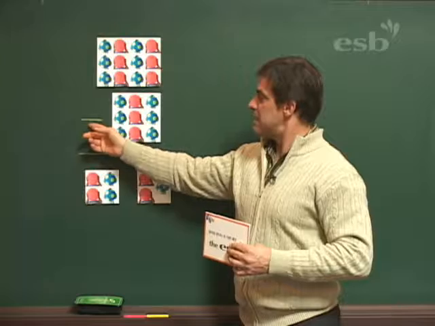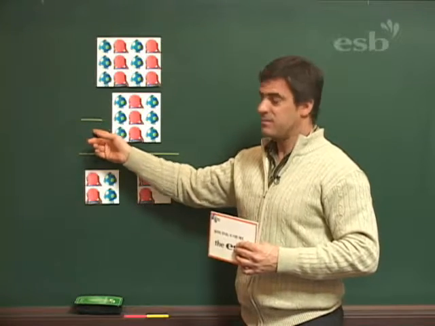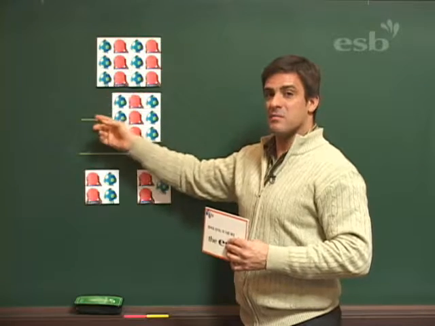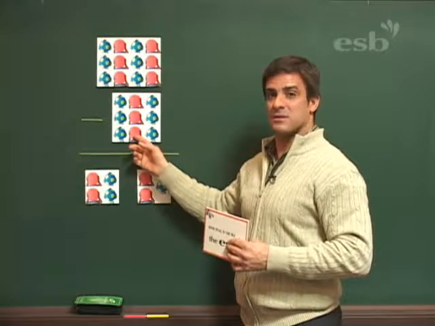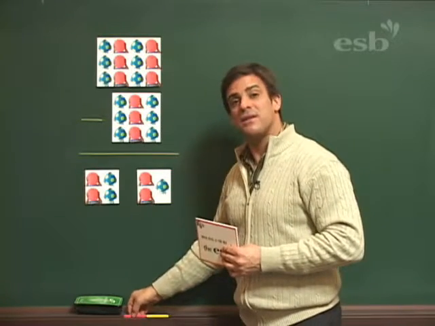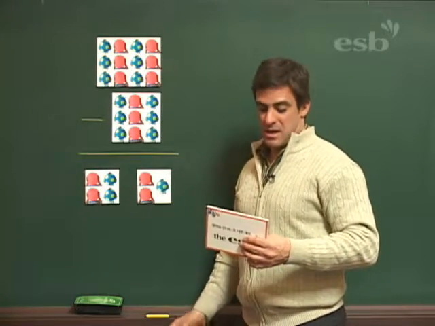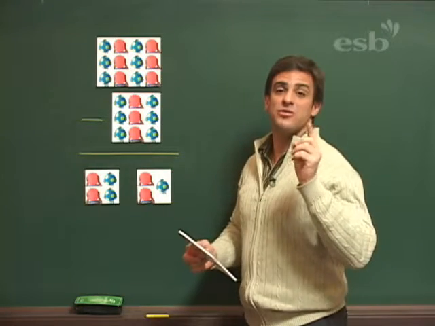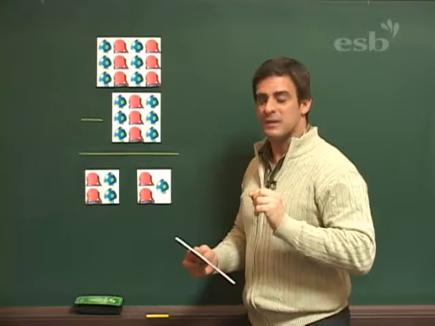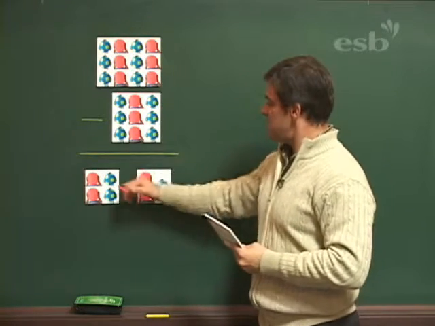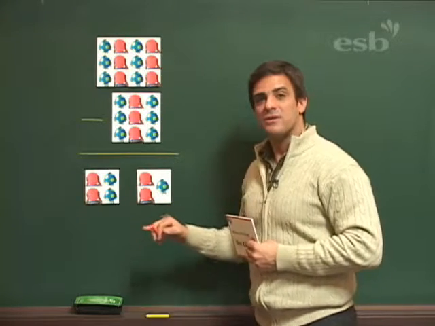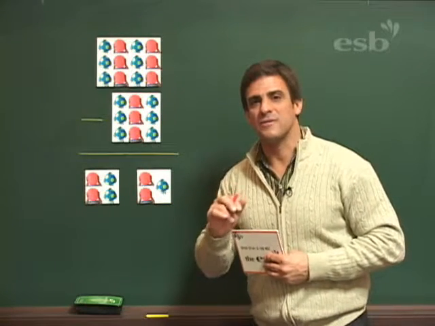12 minus 9. 12 balls minus 9 balls equals, well, let's underline the correct picture. Underline the picture that has the correct subtraction, the correct answer.